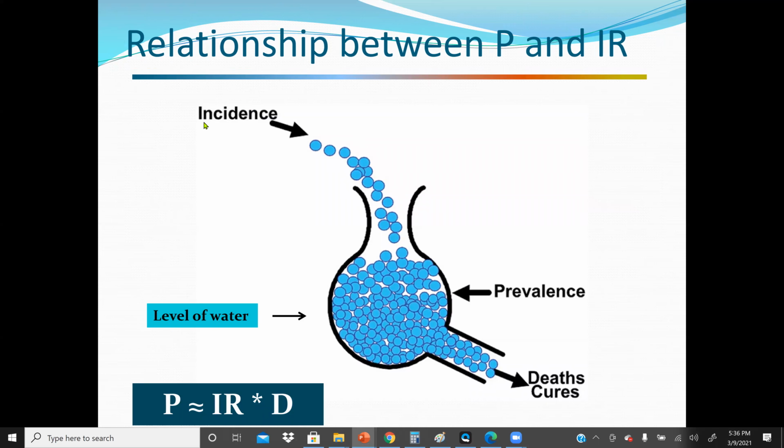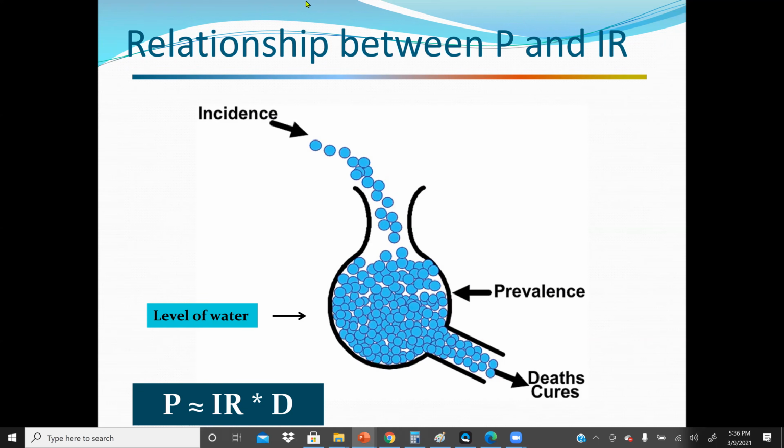And also, we always start with incidence. At some point in time, the new case becomes an old case, tending to prevalence. Now, when we are in prevalence, either the disease will be cured or there will be death. And that's the only way we can get rid of the disease.